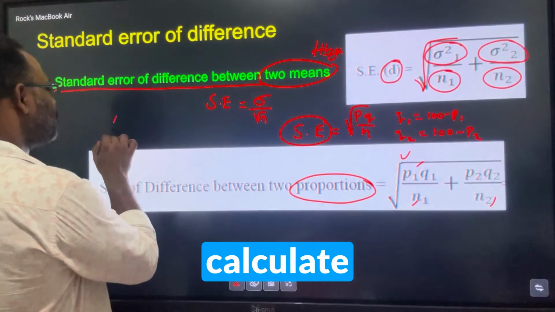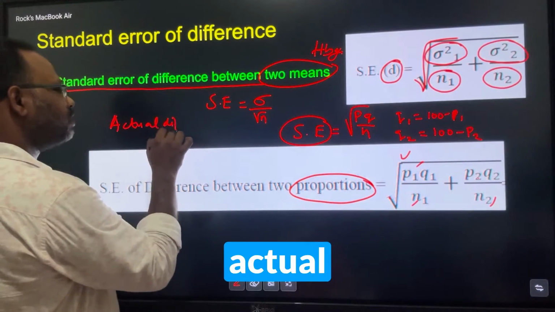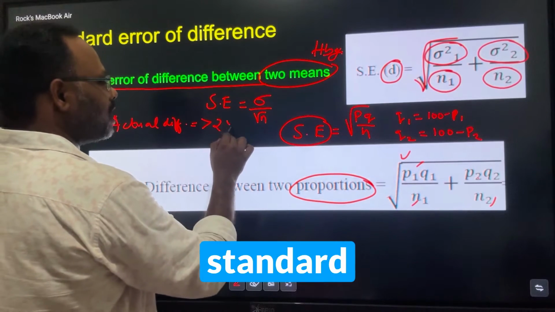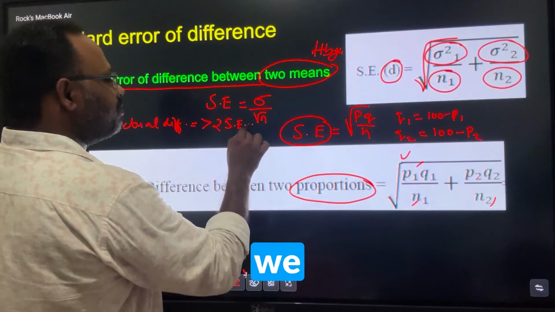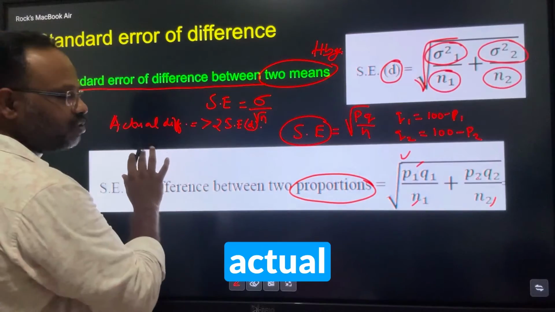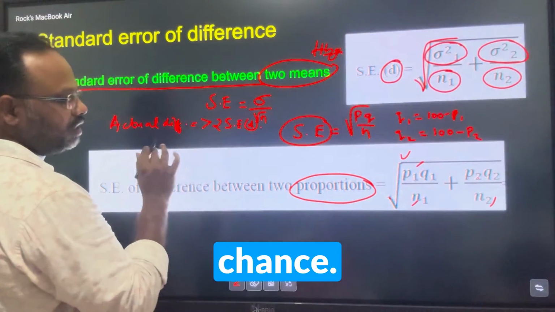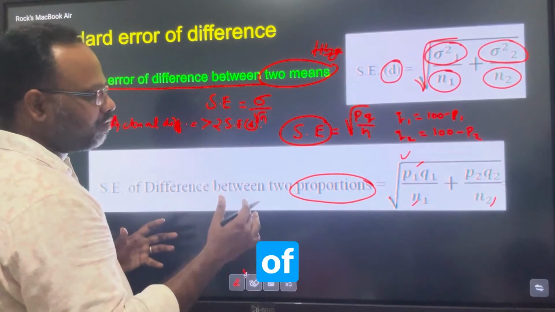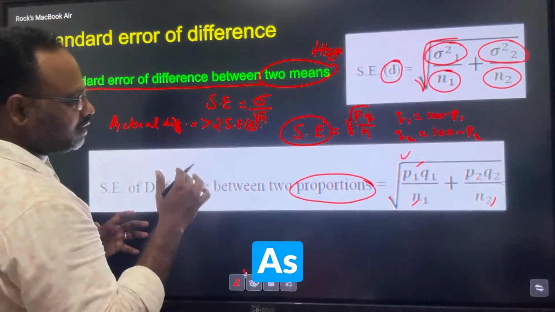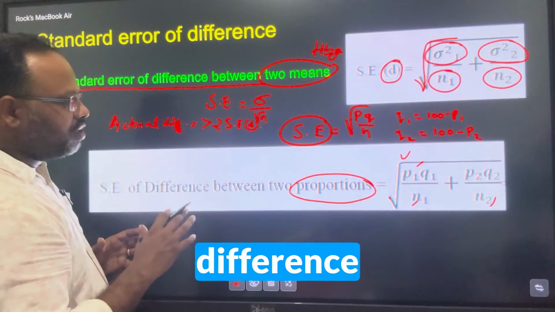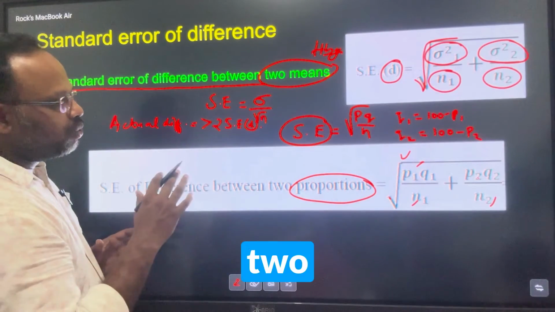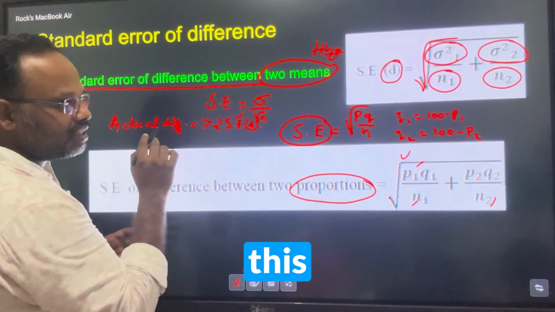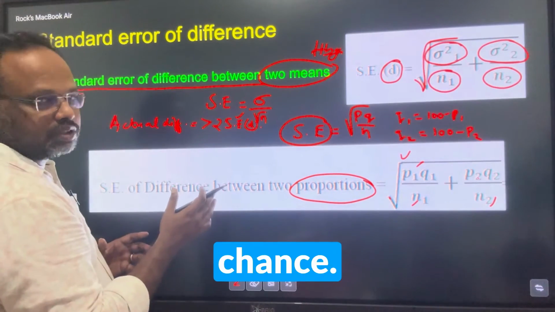Then we need to calculate the actual difference. If the actual difference is more than two times the standard error of difference, then we say that the actual difference is not due to chance. That is, when we have a standard error of difference between two proportions as the value and the actual difference is more than two times the standard error of difference, then we say this difference is not due to chance.